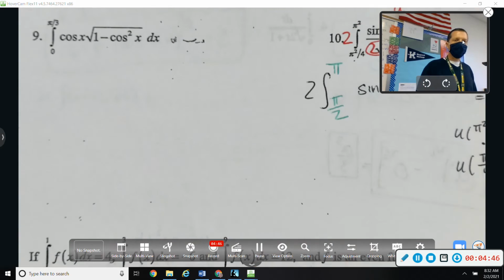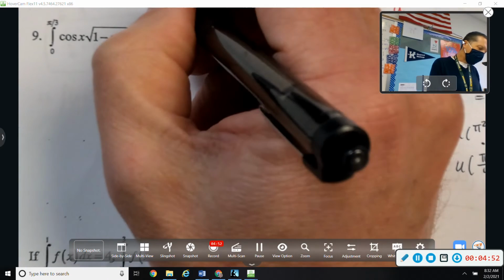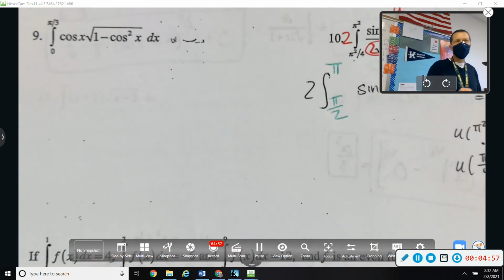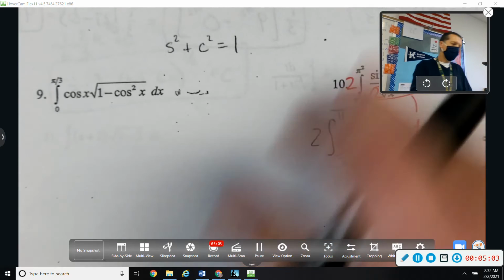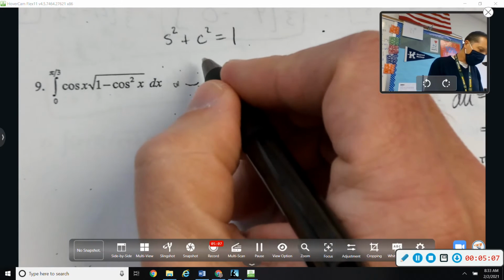Oh, this gets back to trig from earlier. Anytime I see a cosine squared, my brain is immediately thinking sine squared plus cosine squared is 1, and maybe there's something related to that involved in this problem. Sine squared plus cosine squared is 1. So, you know what?